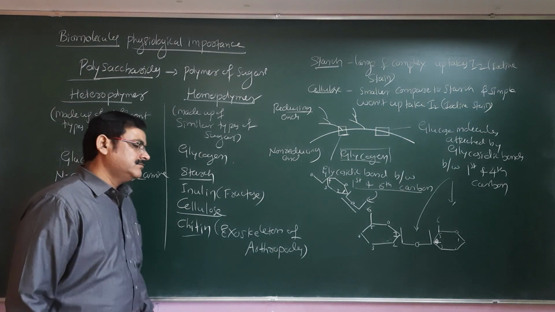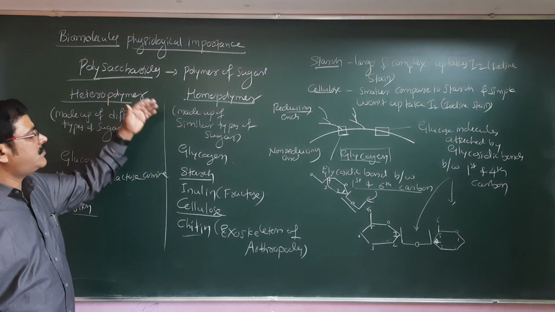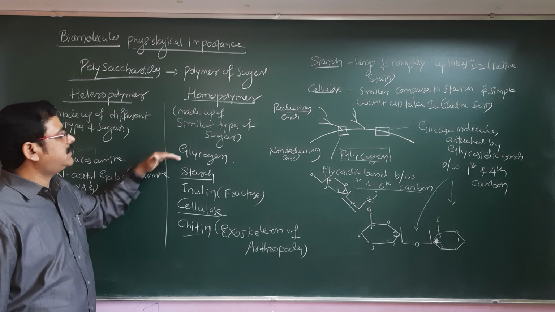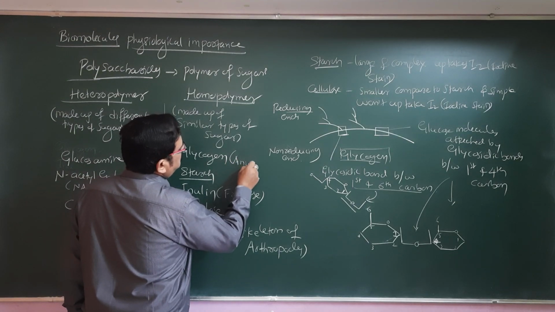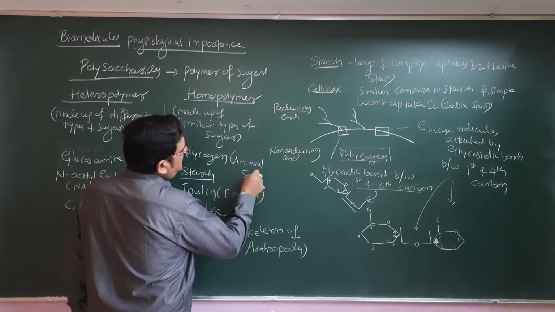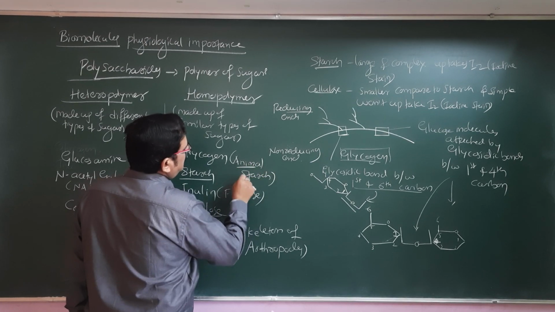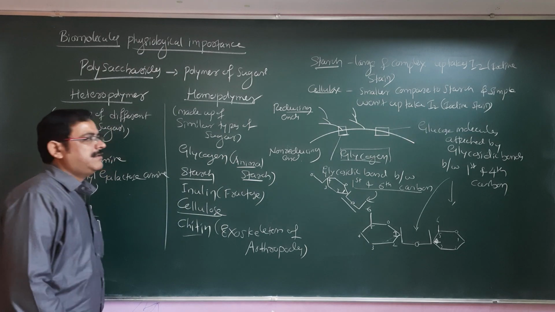Fine. So we are done with almost everything. Glycogen is also called animal starch, which is present in the liver.